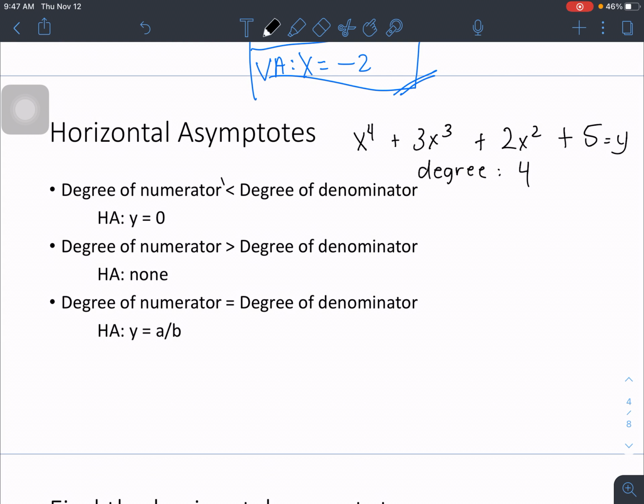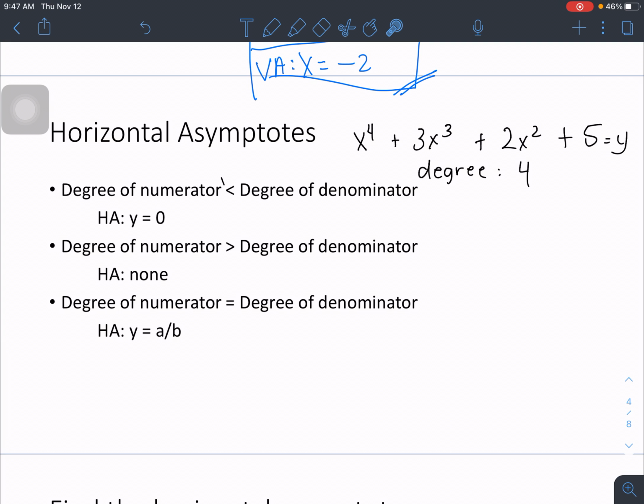If the degree of the numerator is less than the degree of the denominator, the horizontal asymptote will be equal to 0. If the degree of the numerator is greater than the degree of the denominator, there will be no horizontal asymptote.